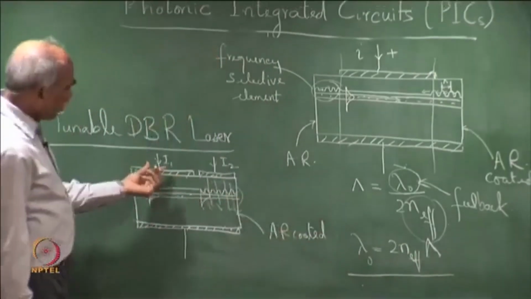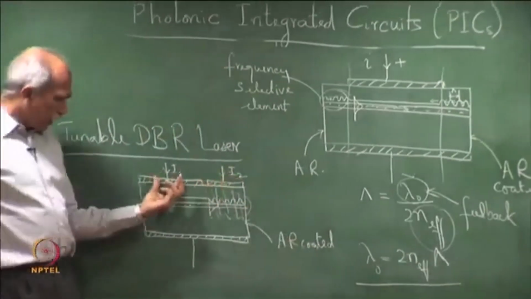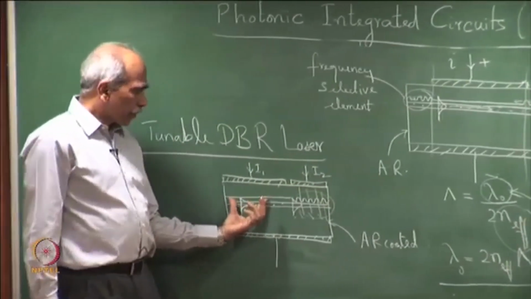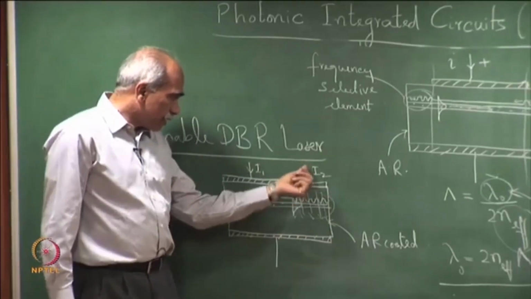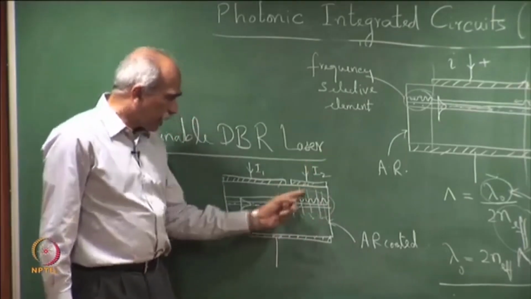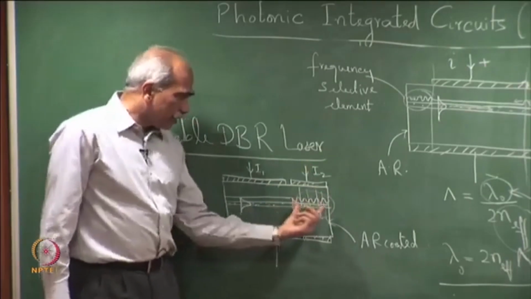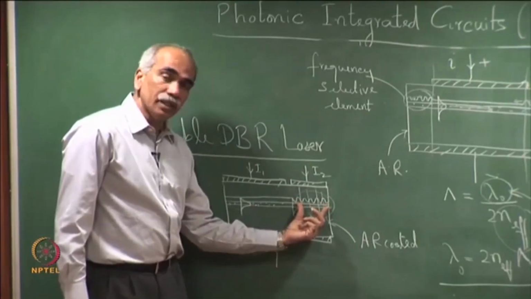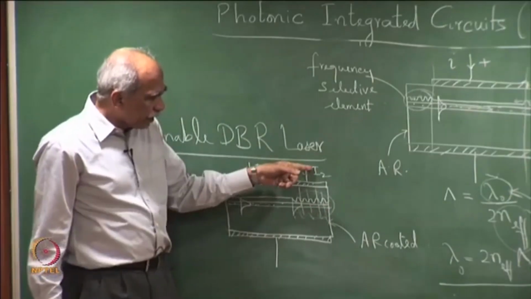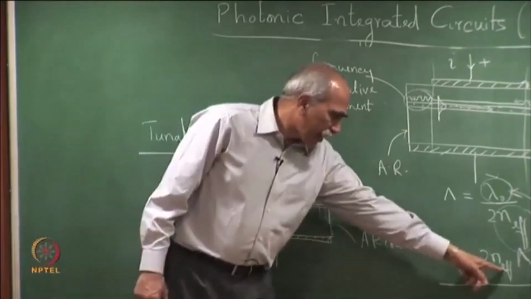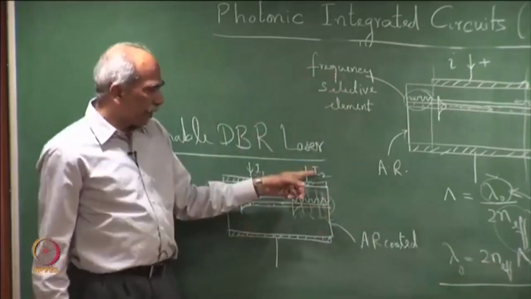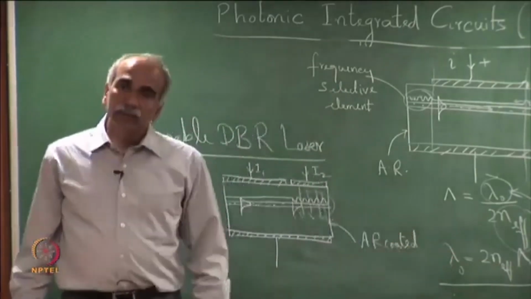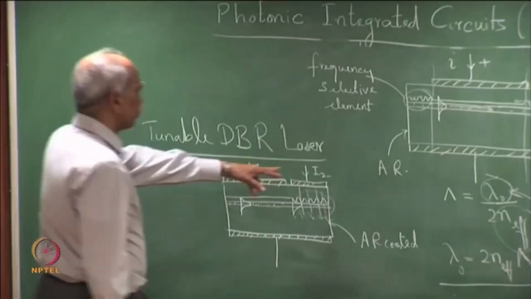So, we have two different currents here, one current determining the power and the gain in the medium. The second current determines the injection of carriers into this region, so that the variation of effective refractive index in this region is determined by the second current, and therefore, N effective is controlled by the second current, and therefore, the output frequency is controlled by the second current I 2.